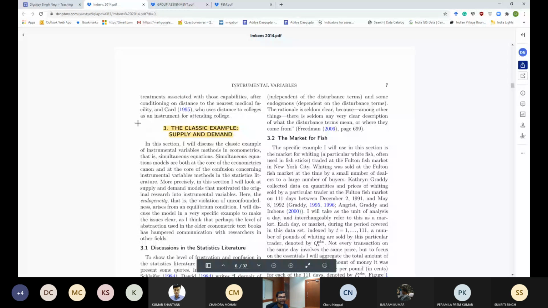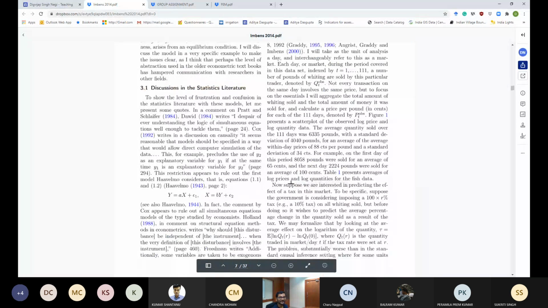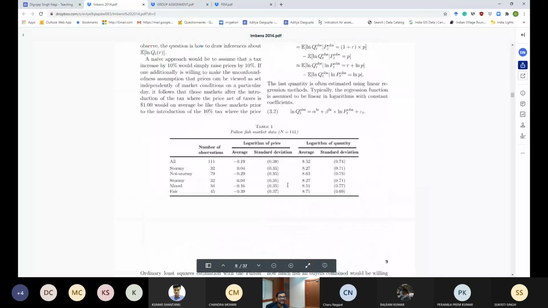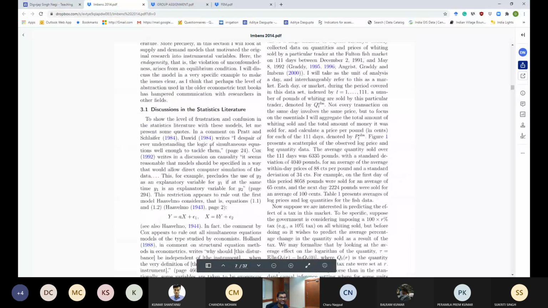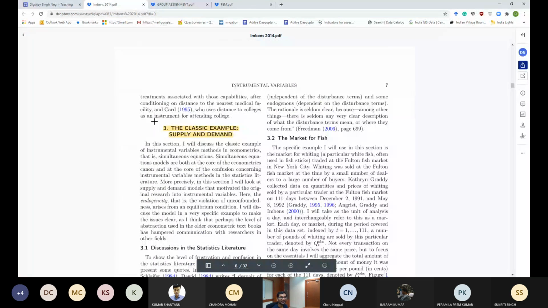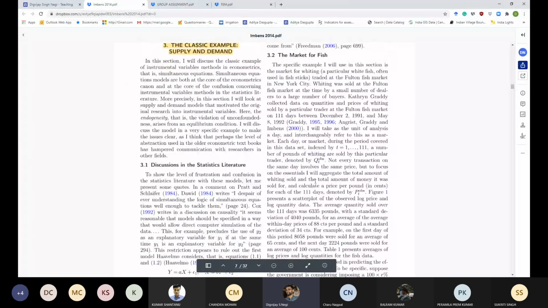What you have to do, in groups, the group has to do this jointly, is read this section 3 of this paper. It's a nice discussion on how this whole idea of simultaneous equation models originated, and the issues with modeling it in this way and so on.